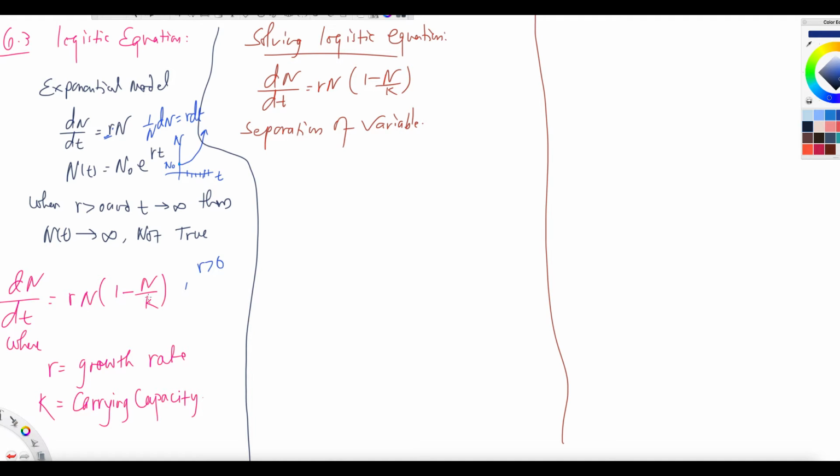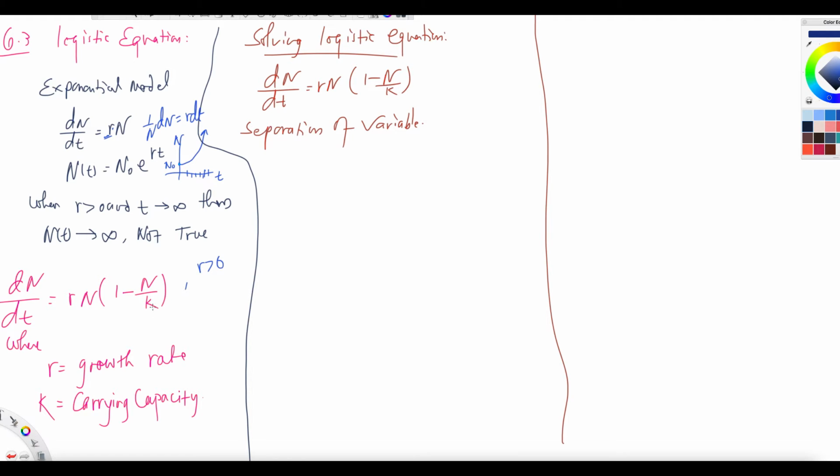So the right hand side will be positive, meaning that it will grow. But when N grows and grows, when N is close to K or N equals K, what happens? If N equals K, then N over K will be 1. So 1 minus 1 will be 0. So the right hand side will be 0, meaning that the rate of change is 0, the population does not change. The population stays the same, okay?